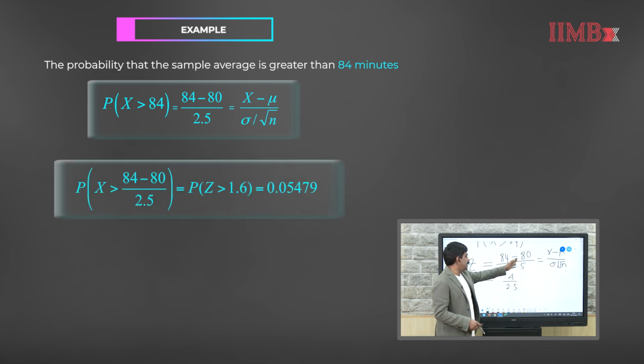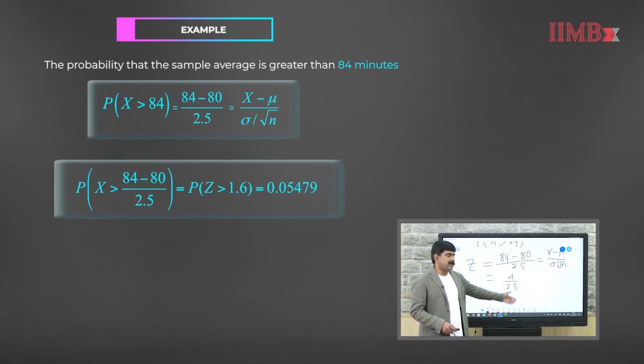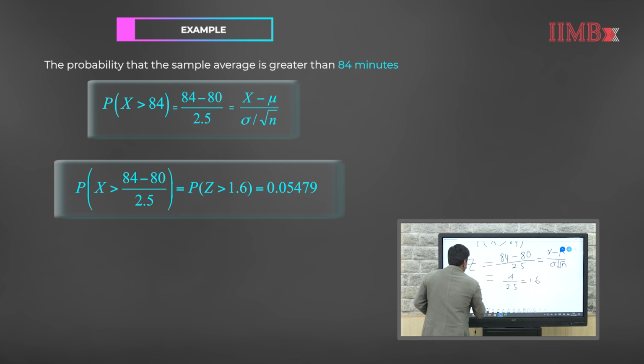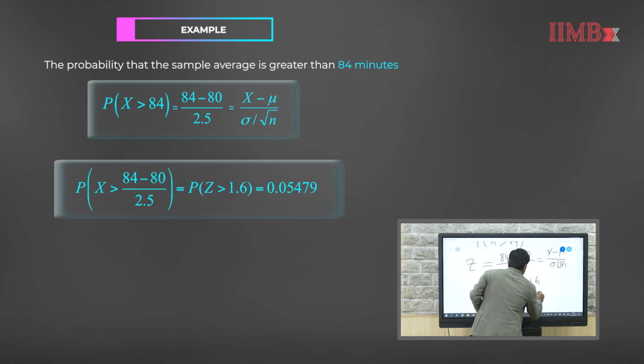So when we take 84 minus 80 divided by 2.5, we get 4 divided by 2.5, which is 1.6. So we can now calculate the probability that Z is greater than 1.6. Using the NORM.DIST function, we get this probability as approximately 0.05.